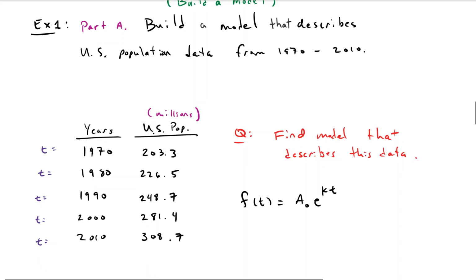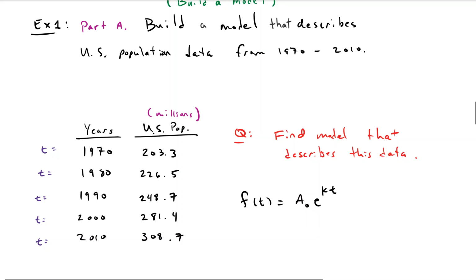Where do we start? Well, we need time equals 0 because we need to know what A0 is. What's the initial population? So we find an initial population by deciding where we're going to place t equals 0.